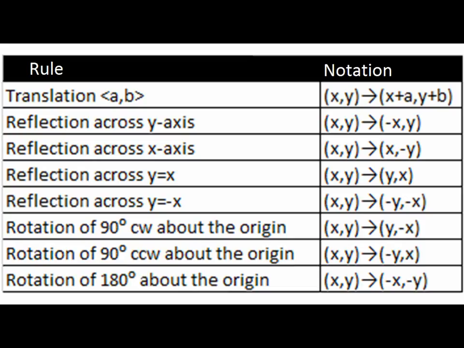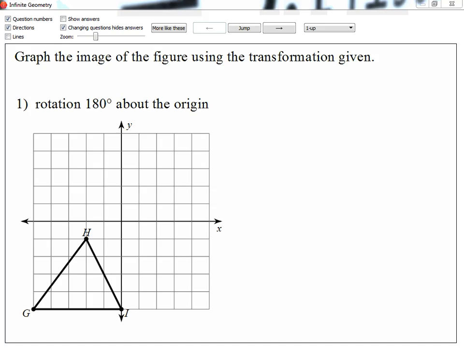So for us to learn how to use it, let's practice on our worksheet. Looking at question number 1, it says, graph the image of the figure using the transformation given, rotation of 180 degrees about the origin. First of all, let me get the coordinates as they are.